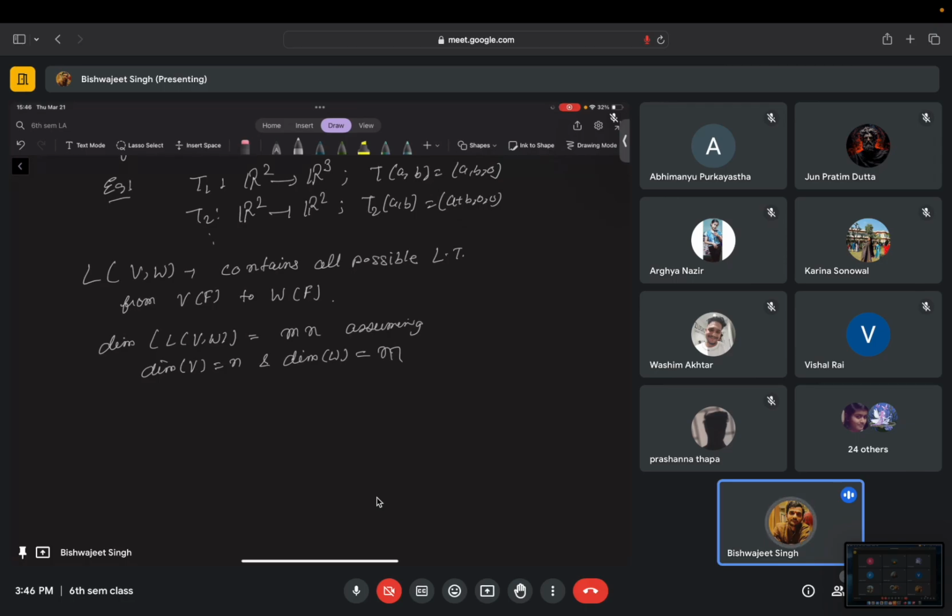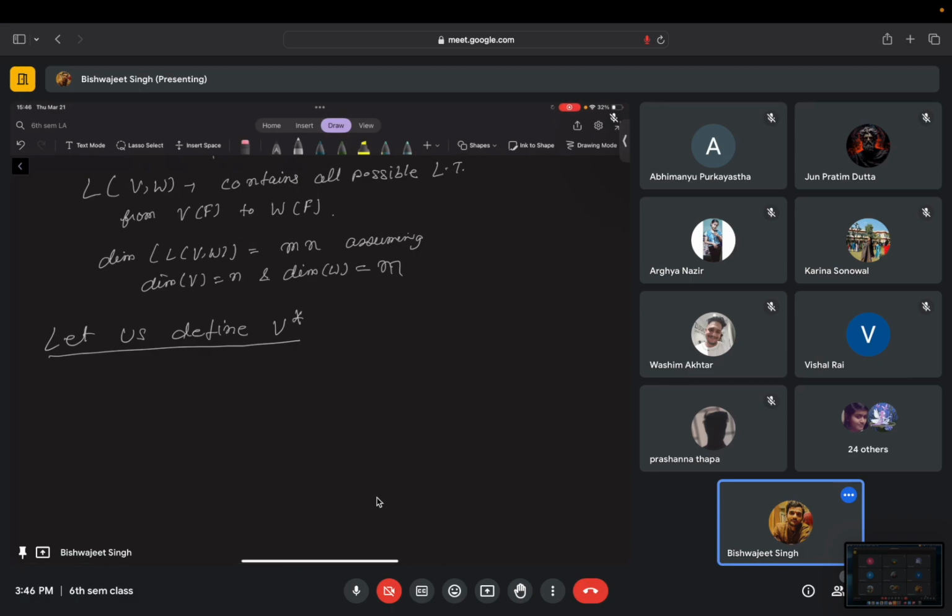So let us define what we mean by V star. Let V star be the set of all linear functionals on V, right?